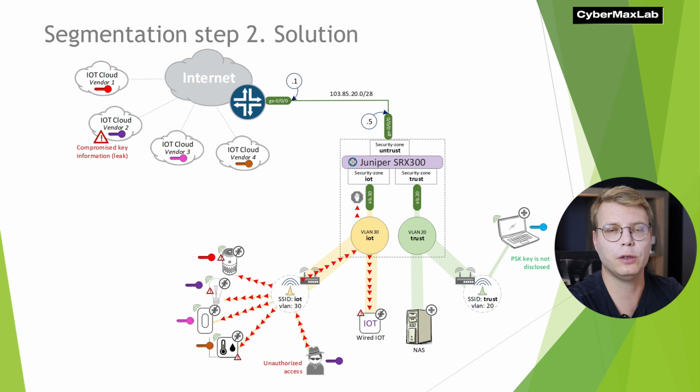You can use vendor 1, 2, and 3 devices, and you can create a separate key for each vendor. In this case, you still share it with the cloud, but you share a different key with each vendor, right? And potentially, if a leak or compromise happens, it will happen only to a single key, not to all of them, right? It's like having multiple keys for different locks in your house.